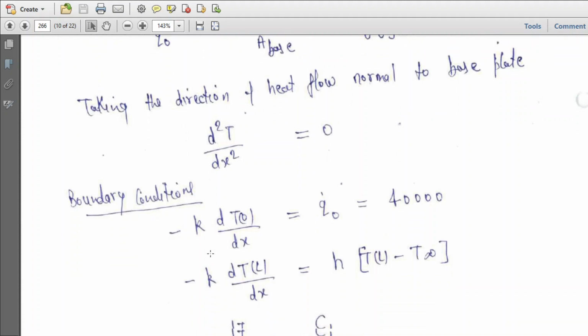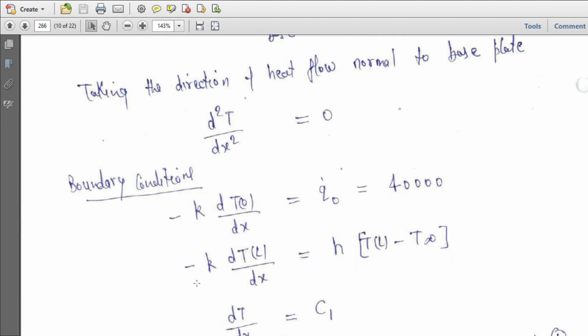So the boundary conditions are: minus k dT upon dx at x equal to 0 equals q naught, equal to 40,000. Now the flux at x equal to L: minus k dT upon dx at L equals h times TL minus T infinity.